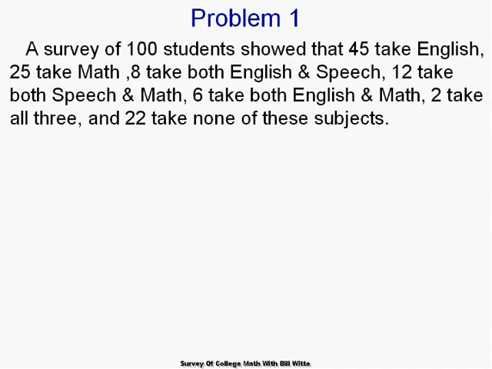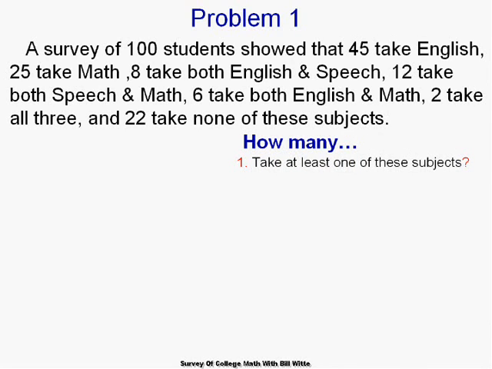Okay, so you've got all that information, and you don't want to have to survey these people again for other questions. But you have other questions, and you have to answer them. This is the kind of thing you'd get on a test. Without resurveying these people, which takes a lot of work, tell me how many take at least one of the subjects.